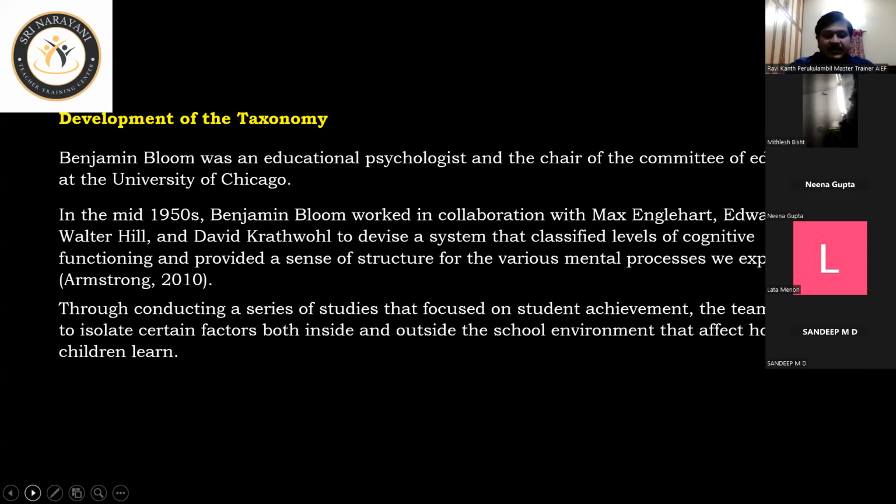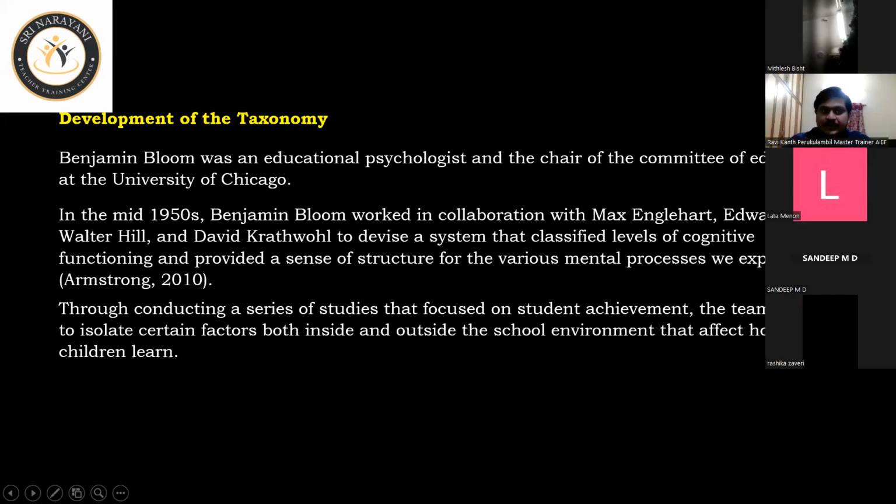Bloom's taxonomy was actually developed by Benjamin Bloom, who is an educational psychologist and the chair of the Committee of Educators at the University of Chicago. So it is not just one person, there was a committee and all the people contributed. The contribution of Benjamin Bloom was more, however, everyone has contributed for it.